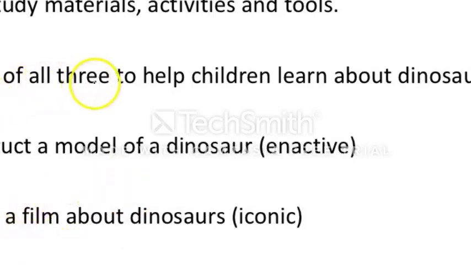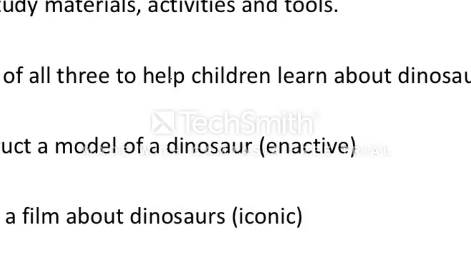So examples of all three to help children learn about, for example, dinosaurs. So you have to first, kapag enactive pa yung bata, 'di ba maka-recognize naman siya ng mga drawing, 'di ba?